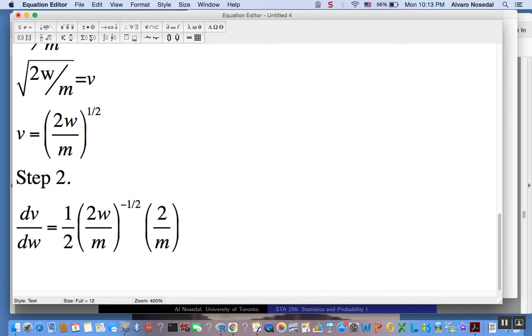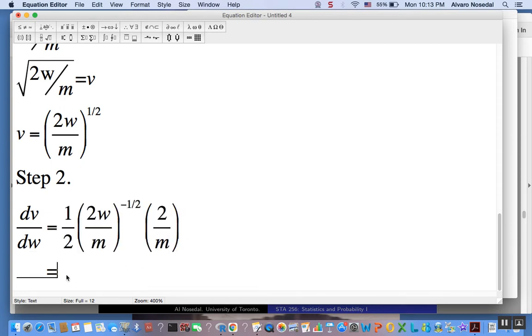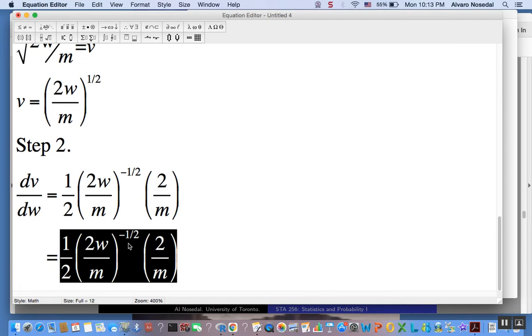So let's do a little bit of algebra here. First, note that 2 times w divided by m to the power minus 1/2 is the same as this. The minus 1/2 is just saying that what we want is the reciprocal, and then we want the square root of the reciprocal.